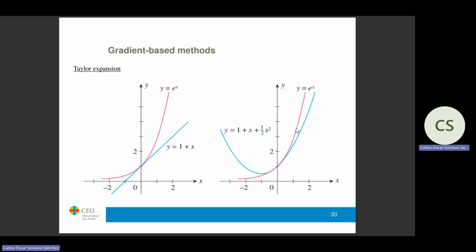Every time you have to compute f of x, that takes a lot of time. So you compute a surrogate function that is sufficiently close. You can evaluate this surrogate function as many times as you like. And once you have reached the minimum of the surrogate, then you go back to the original function to see if you have done well or badly.